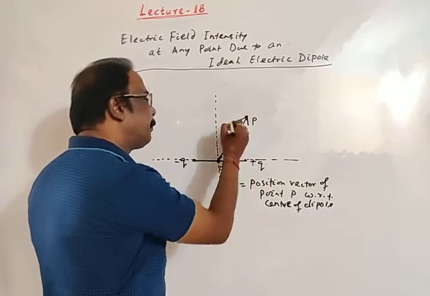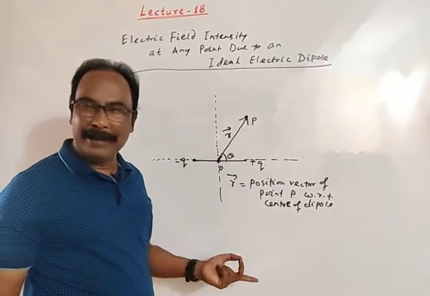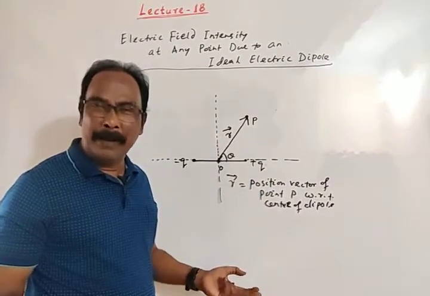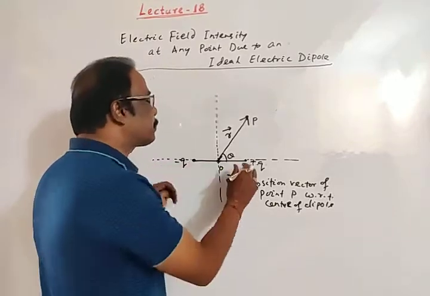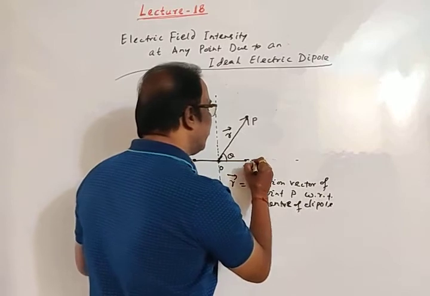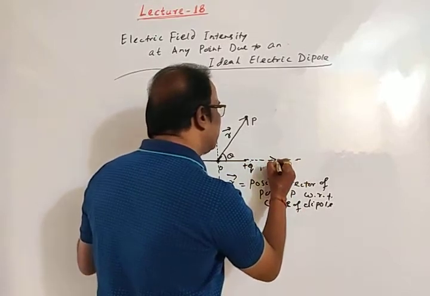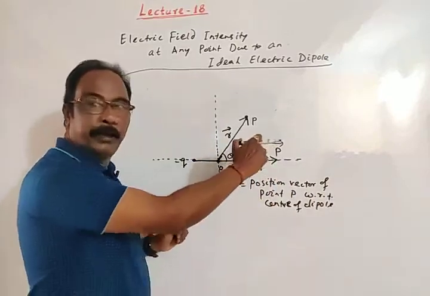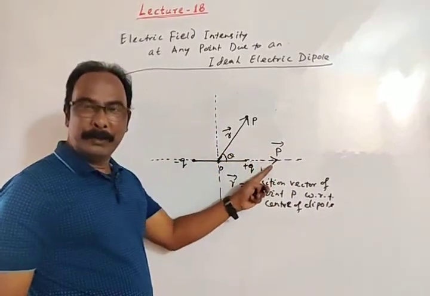At this point we have to find electric field intensity, but we know direction of electric dipole moment is from minus q to plus q. If this is plus q, this is axial line, so this is the direction of electric dipole moment, which is directed from minus q to plus q.